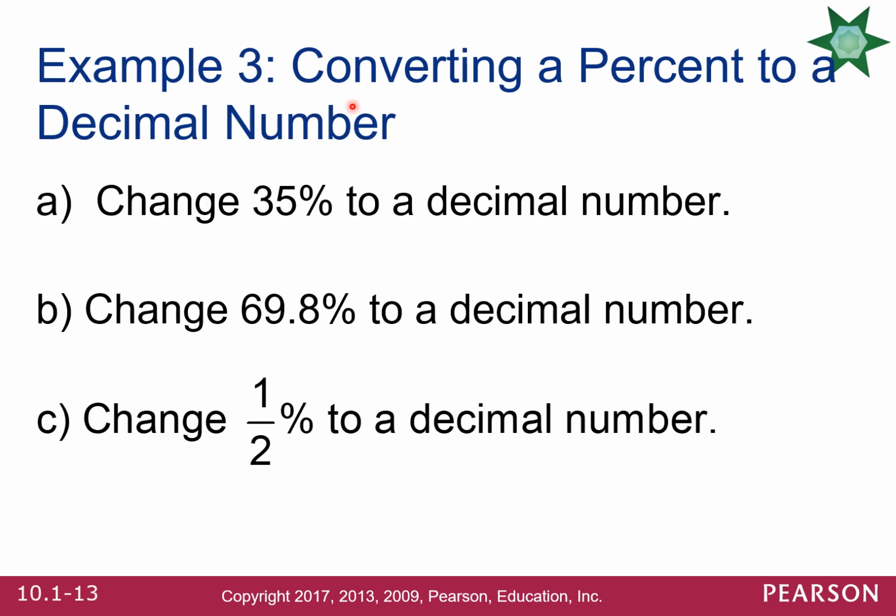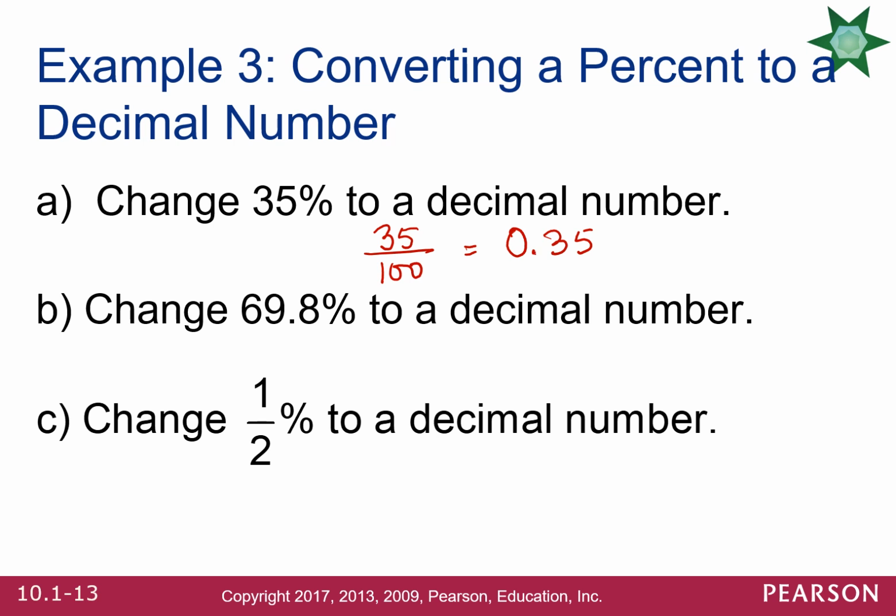We'll now look at some examples of converting a percentage value to a decimal number. The first one says change 35% to a decimal number. All you have to do is take the value 35 and divide it by 100. And when you divide 35 by 100, you end up with 0.35.